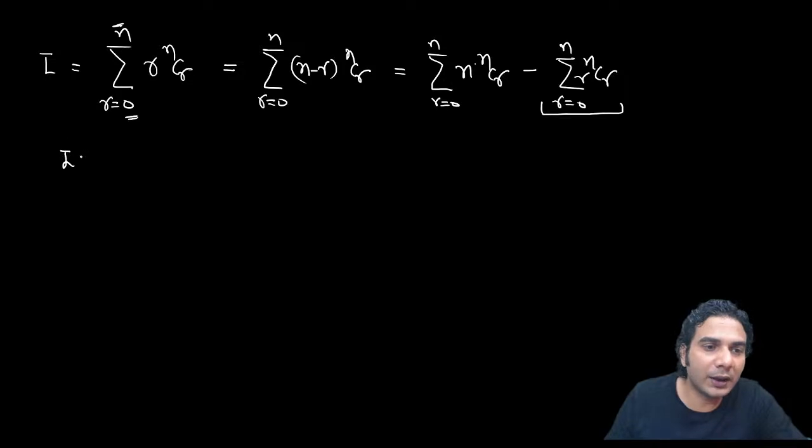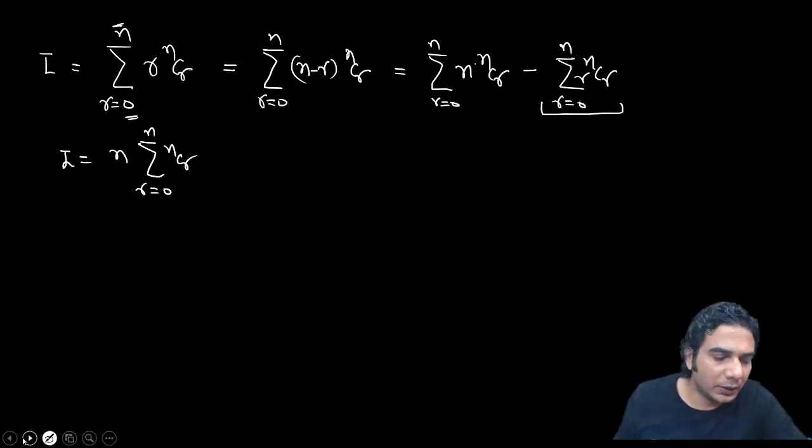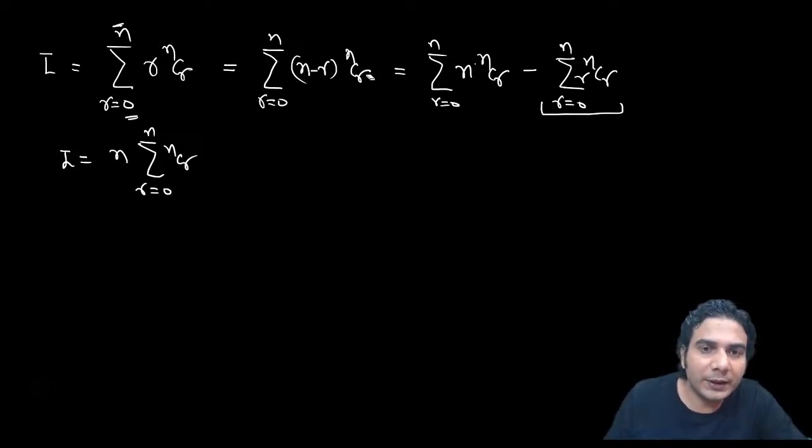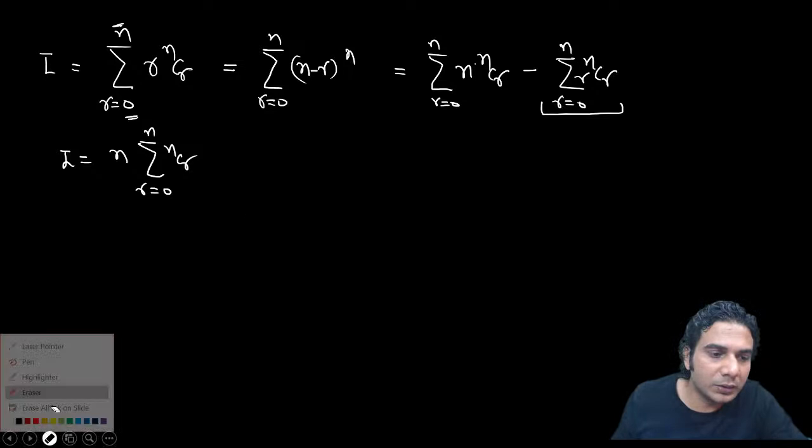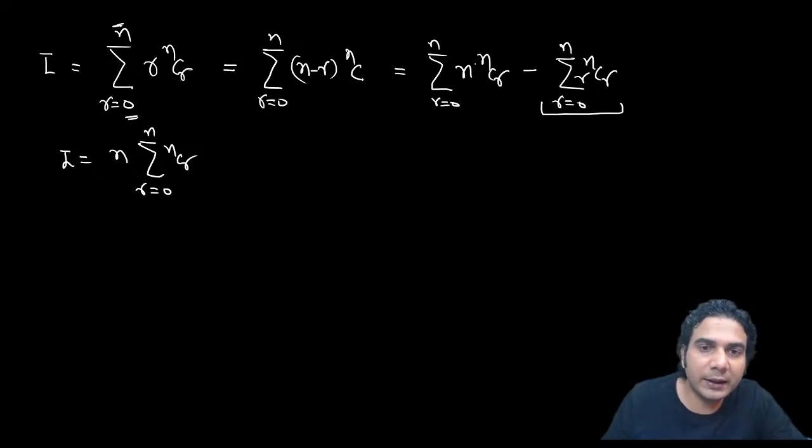So you'll get this equation, I is equal to n, you can take outside, sigma of nCr, r from 0 to n. I forgot to mention that while applying this property, this number will also be replaced by n minus r, but again nC(n minus r) can be written as nCr. So I have written this again, nCr.